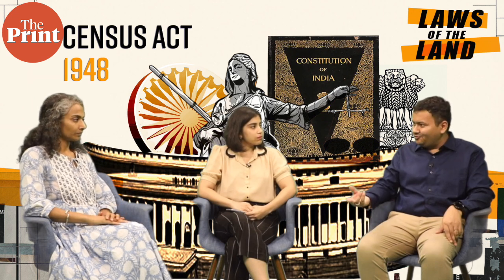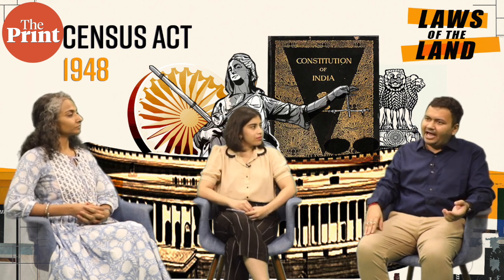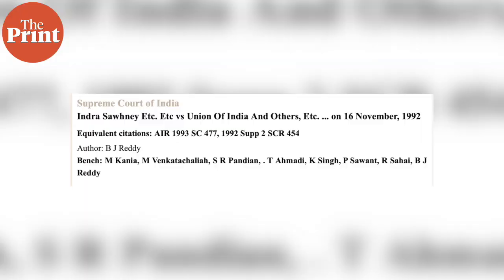Now, one could play the devil's advocate on behalf of the other party and say that since caste was never contemplated within the Census Act, therefore I can ask this question. Nobody stops me from asking this question. But the state went a step further and relied on the decisions of the Supreme Court in the Indira Sahni judgment.